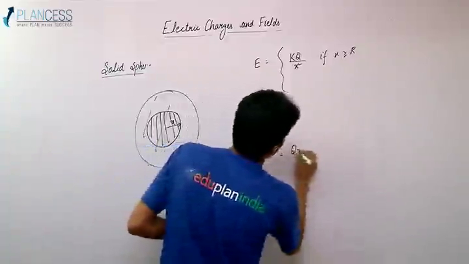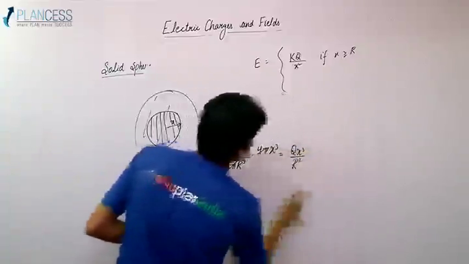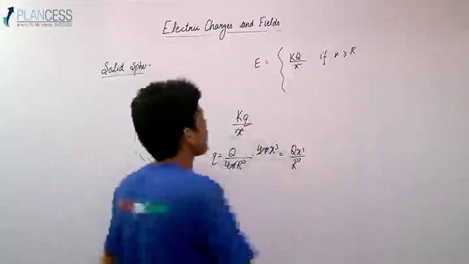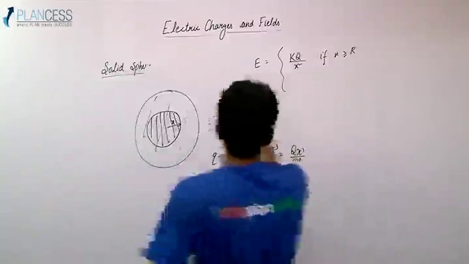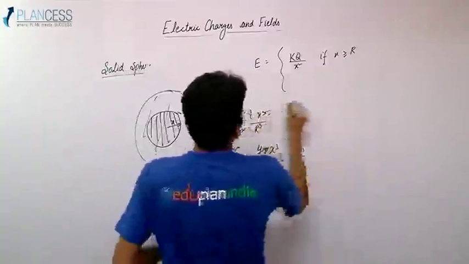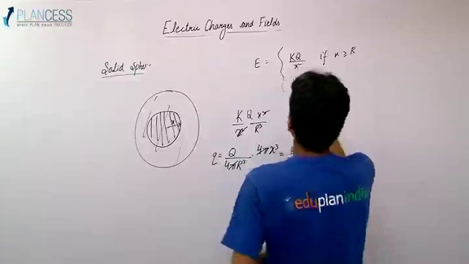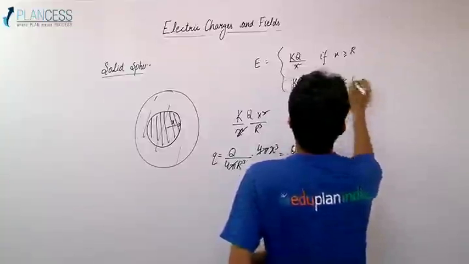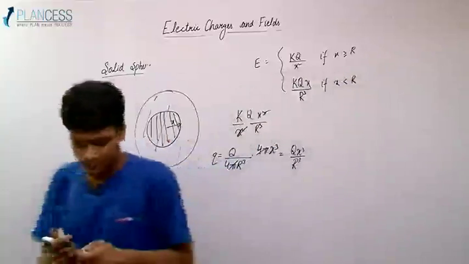So this becomes qx cube upon r cube. So the charge here is qx cube upon r cube. If I substitute this charge, it would be kqx cube upon r cube, divided by x square. So finally the formula comes out to be kqx upon r cube if x is less than r.